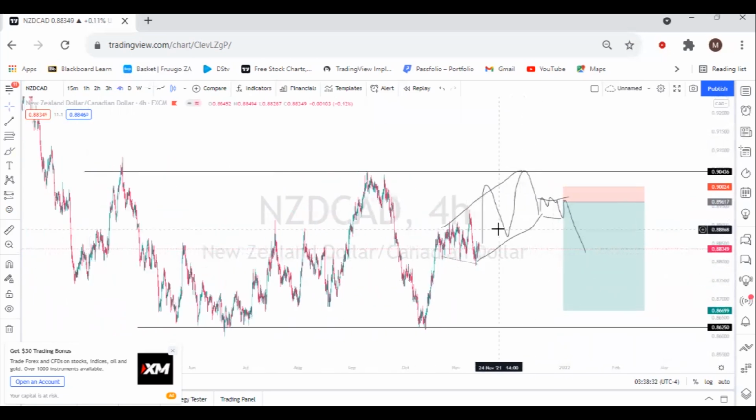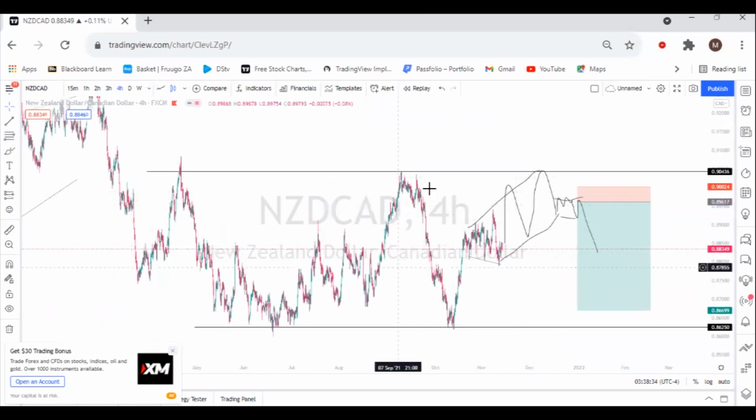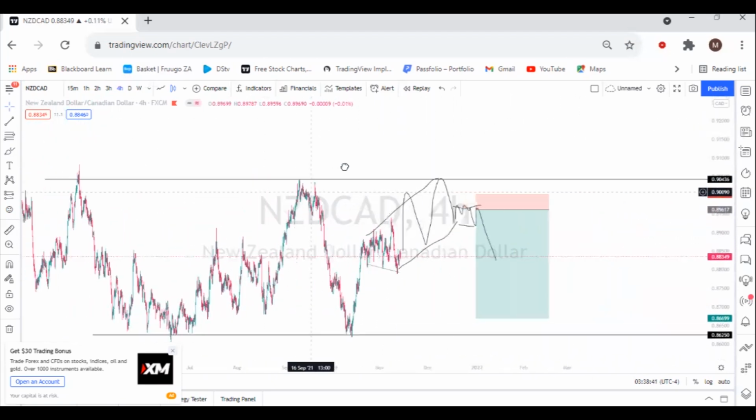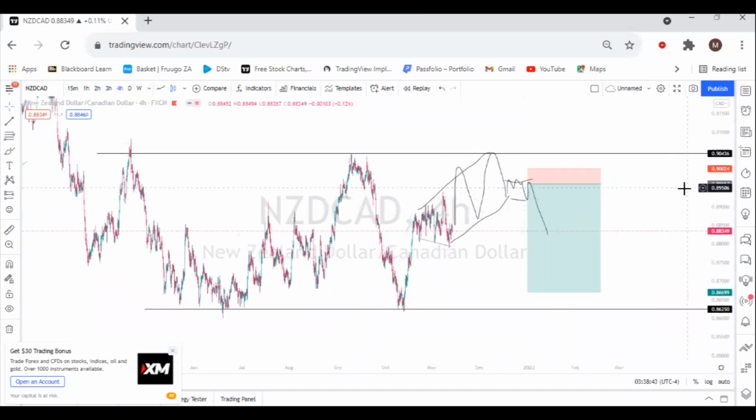And we are gonna hold for a very long time because the structure is quite huge. So that is New Zealand against Canadian dollar. We are going short after all of this is formed, so it's gonna be a waiting process. But so far you can execute the short-term buy to this resistance.